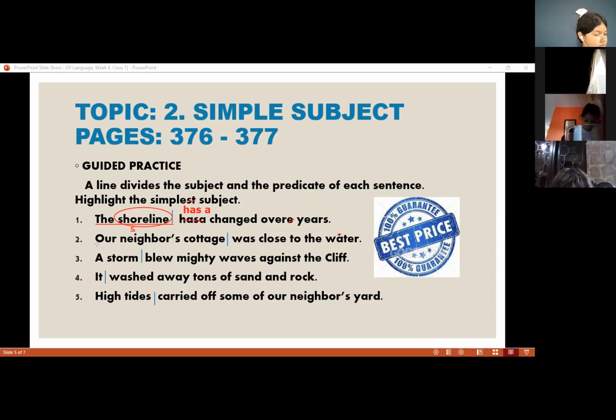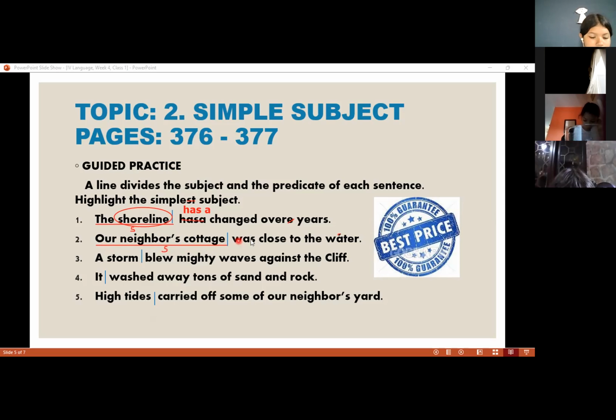So please put the line in the color blue. The line divides the sentence into 2 parts. So it means that the first part is the subject and the second part is the predicate. So this is the subject. But what is the simple subject, the most important word in the subject? In these words that you see here, what is the most important word?